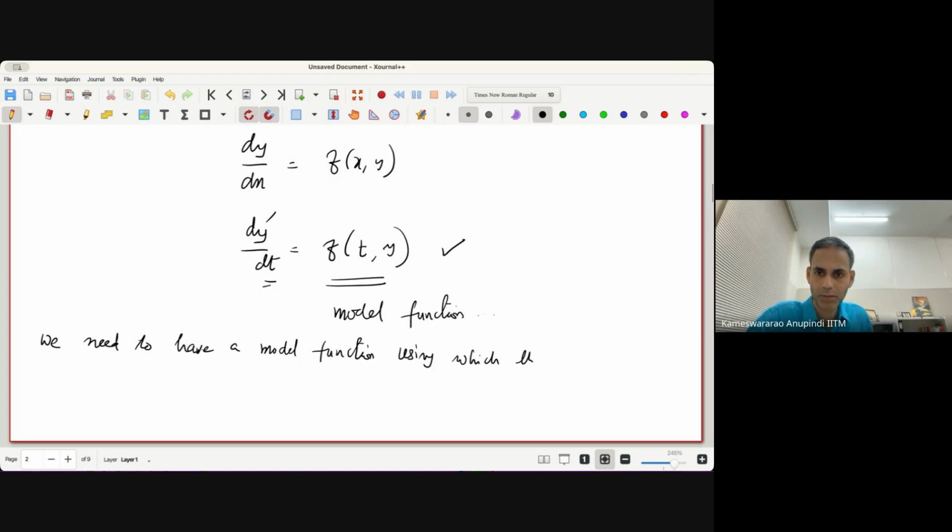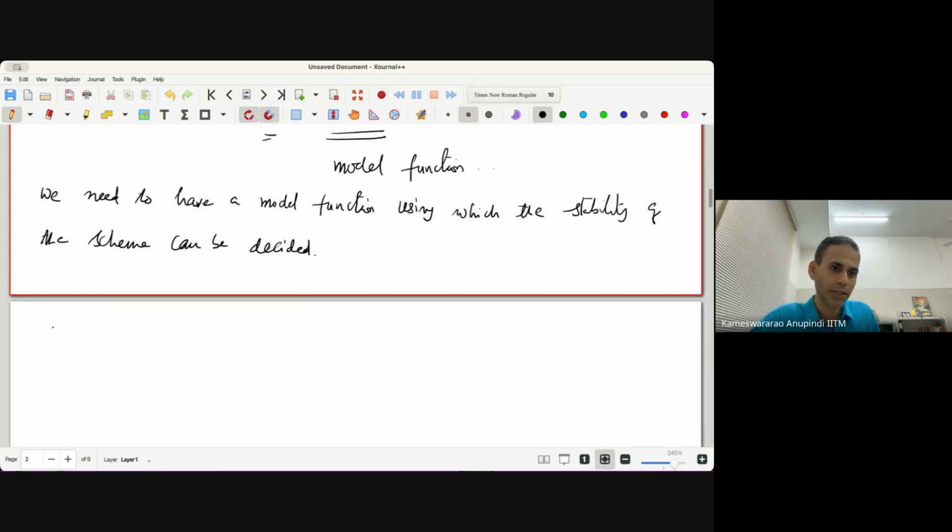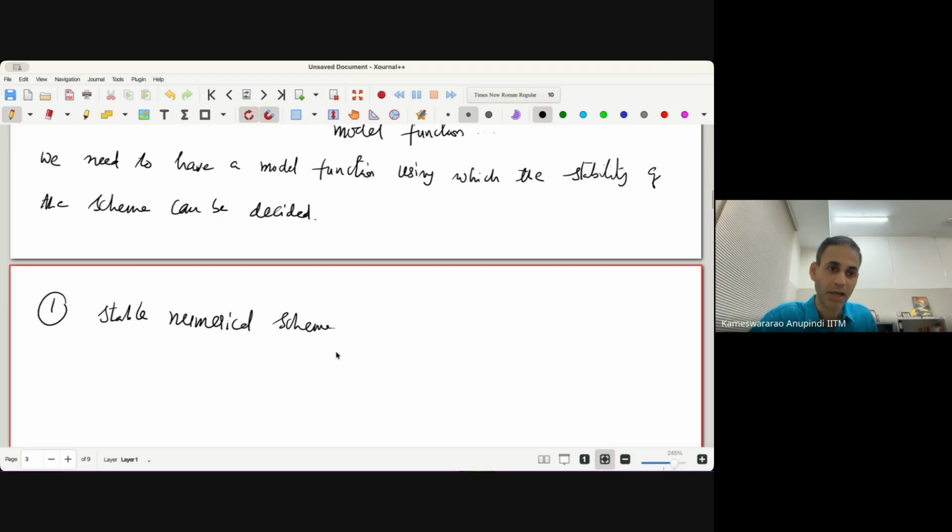We have seen that in this context, a particular scheme can be stable, a stable numerical scheme, that means it is unconditionally stable.